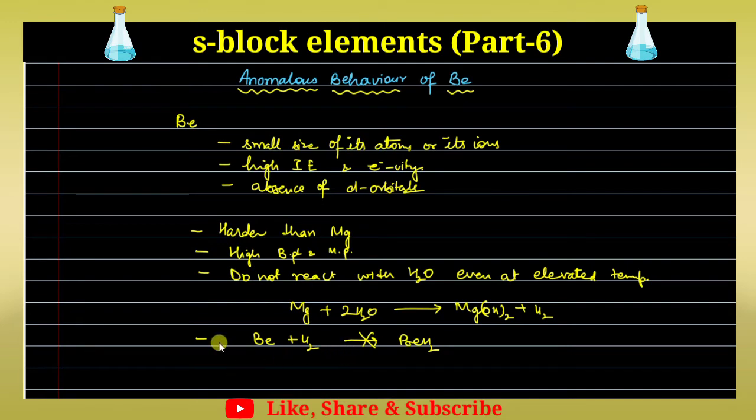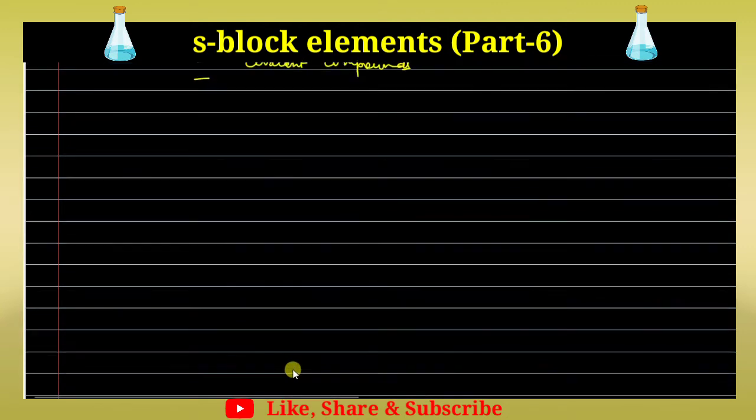Okay, so next is beryllium forms the covalent compounds, whereas all other elements form the ionic compounds. Next, the beryllium carbide reacts with water to give the methane, while the magnesium carbide, when it reacts with the water, forms the hydroxide.